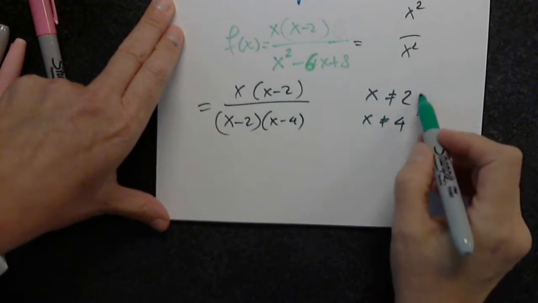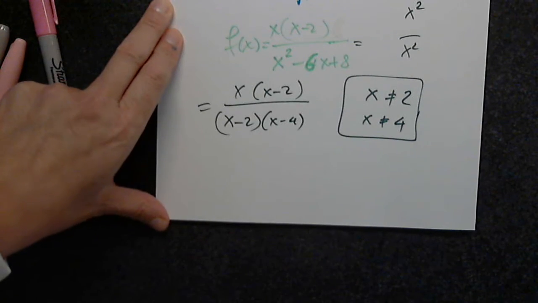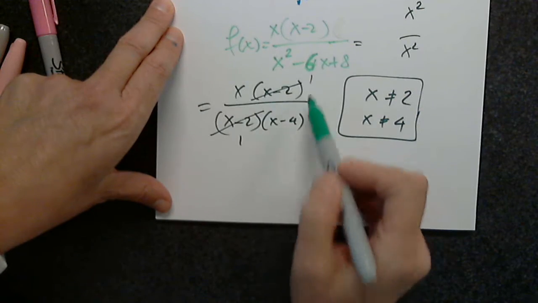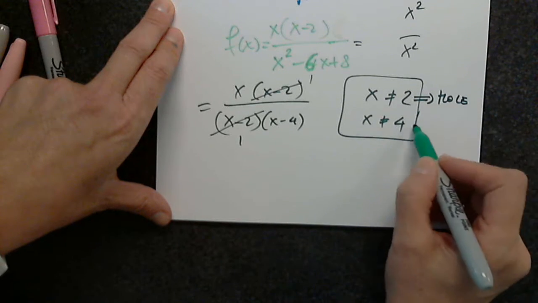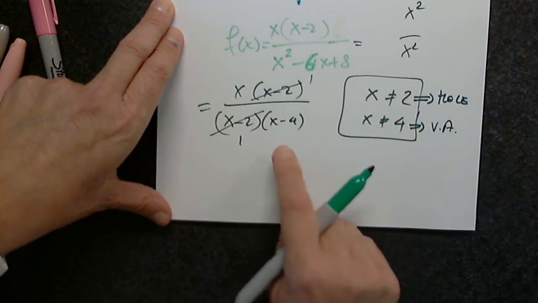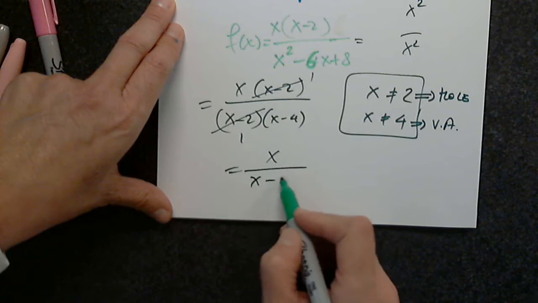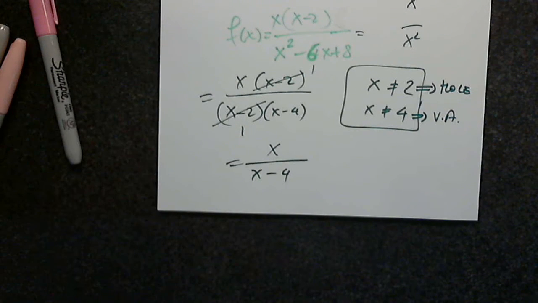However, and this is still carved in stone, now I can simplify. So this will be a hole. This will be a vertical asymptote because the simplified form is this, and the factor of x minus 4 does not go away. That stays as a vertical asymptote.